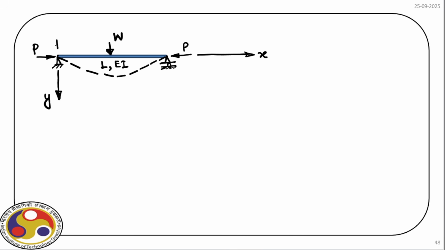So this distance is L by 2. Now for this column, we are going to derive the equation for this deformed shape, but this column is called a beam column.